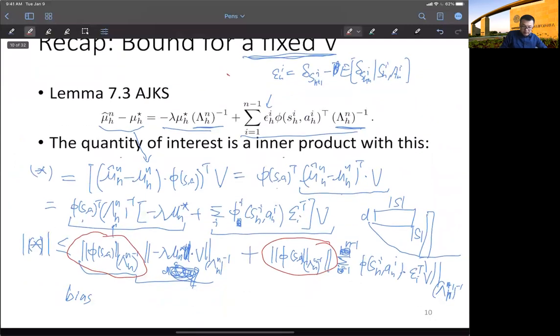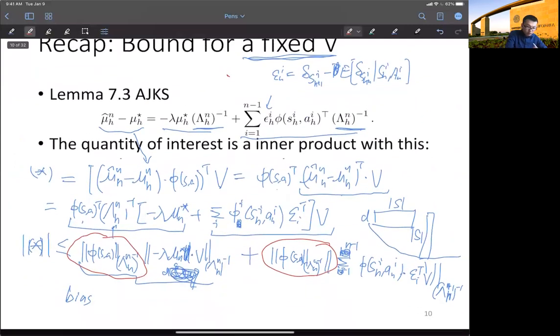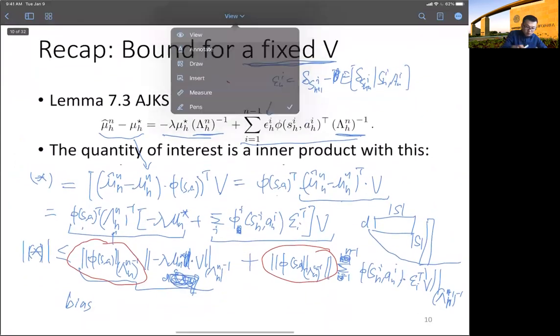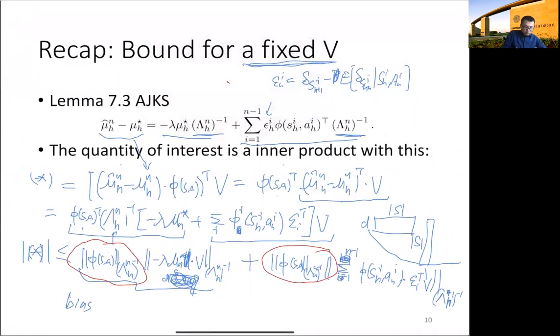Okay, and what we can do is simply apply the most trivial bound possible for this term. This is a bias, but this term is smaller than lambda, so I can extract a constant lambda out.